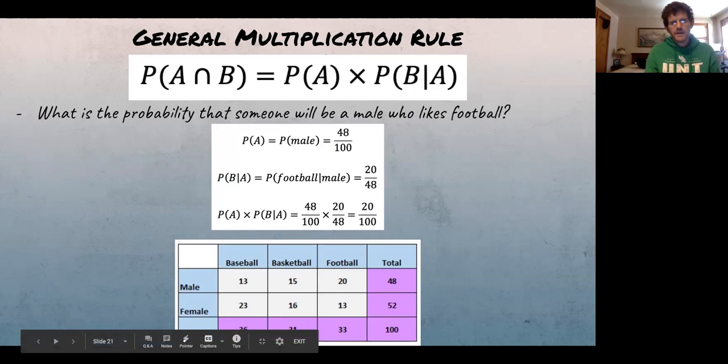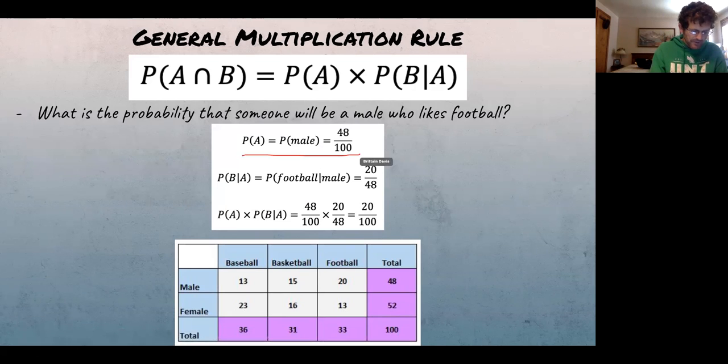The probability of being male, so we'll talk about just that part right there, is 48 out of 100. The probability of liking football, given that you're a male, on the condition of being male, is going to be 20 out of 48. And that's where that comes from.